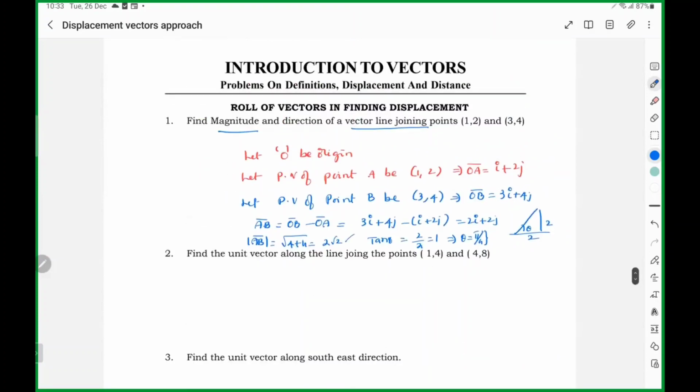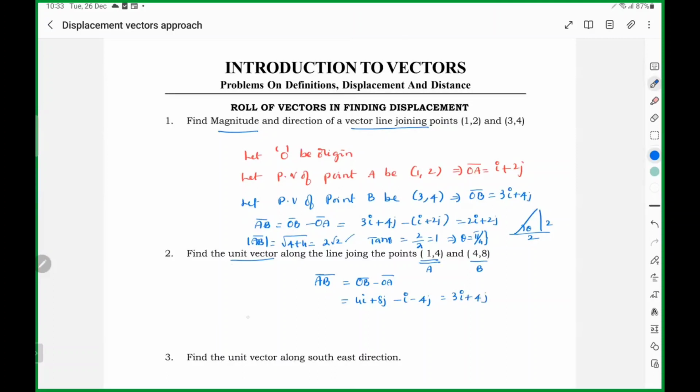In a similar way, to find a unit vector, this point is represented with A, this with B. Taking O as a reference point, AB is 4i plus 8j minus, here it is 3i plus 4j.